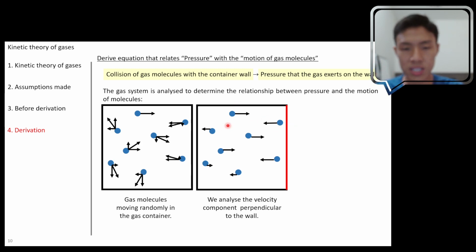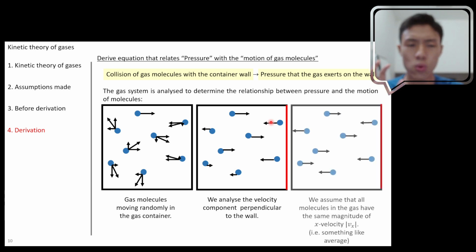We can see that for all of these molecules, the components of velocity perpendicular to the right wall are different. Some are moving slow, some are moving faster, they all have different speeds. In order to simplify our analysis of this gas system, we are going to replace all these different components of velocity with the same magnitude of x velocity.